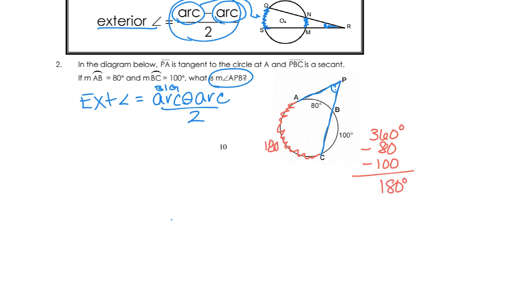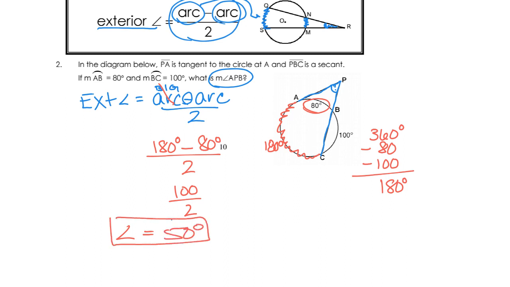So this big outer arc is 180 degrees. Now I have to subtract the inner arc, which is 80, and divide by 2. 180 minus 80 is 100, and 100 divided by 2 gives us our angle equal to 50 degrees. And so that's the measure of this angle out here. All right, I'll see you guys on the back side of notes.